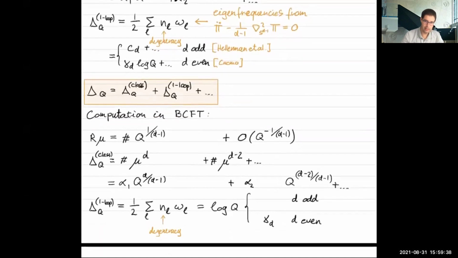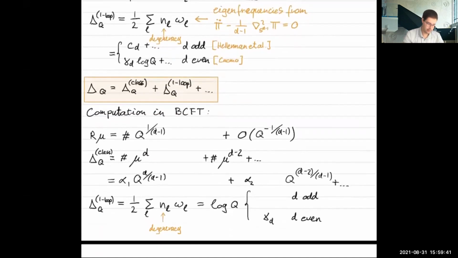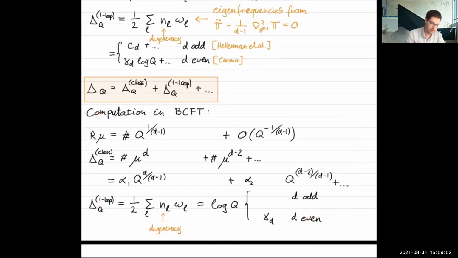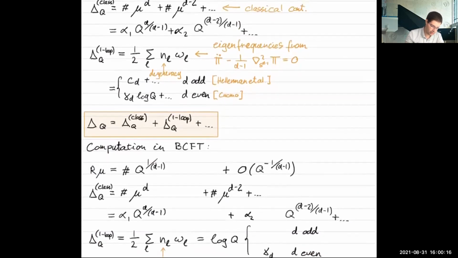So how does the story go in BCFT? Here I just copied the same formulas that I used in the bulk, and then we will see what changes we get from the presence of the boundary. If we just use thermodynamic extensivity reasoning, then it's easy to see that the relation between the chemical potential and the charge is changed as follows.